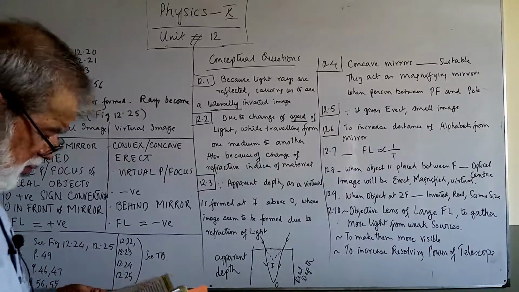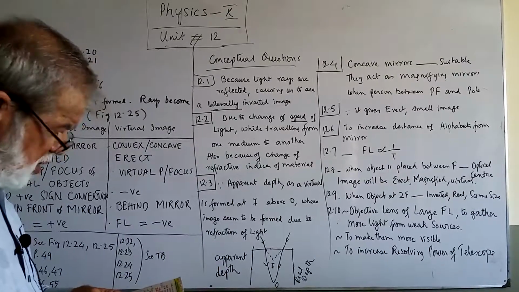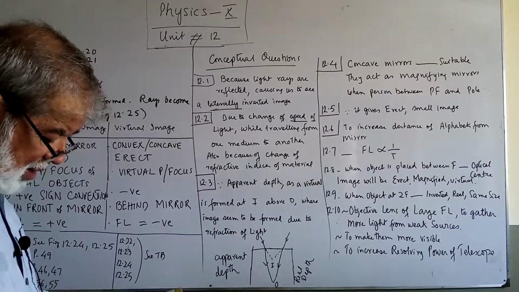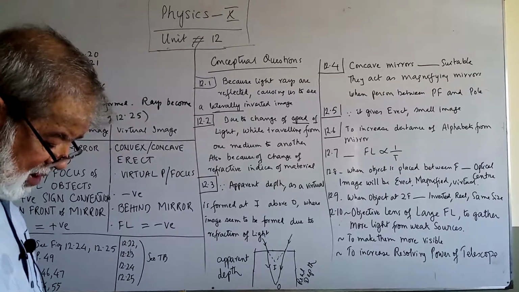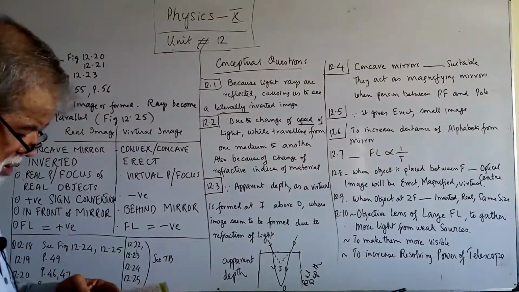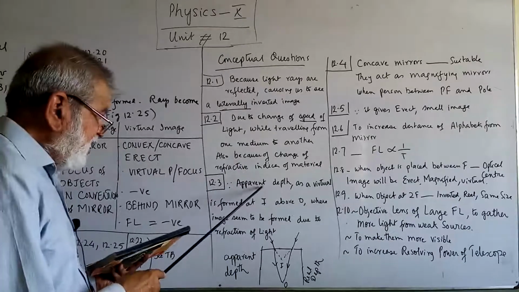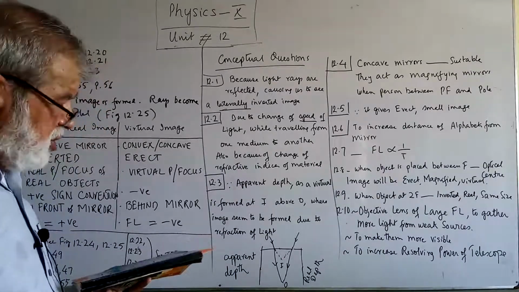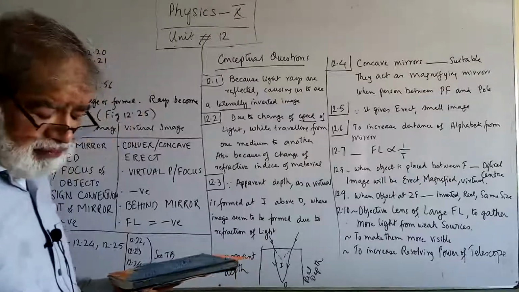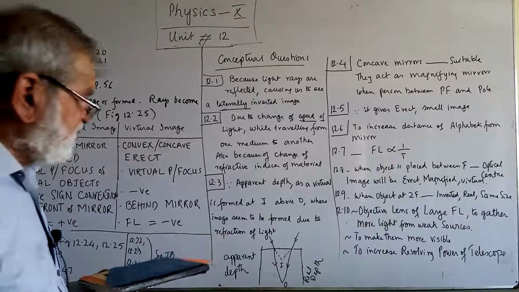Okay, question 12.3. Explain why a fish underwater appears to be at a different depth below the surface than it actually is. Does it appear deeper or shallower? It is due to the phenomenon of apparent depth, because the light rays are refracted and you see not the actual depth of the water but an apparent depth because of the refraction phenomena.